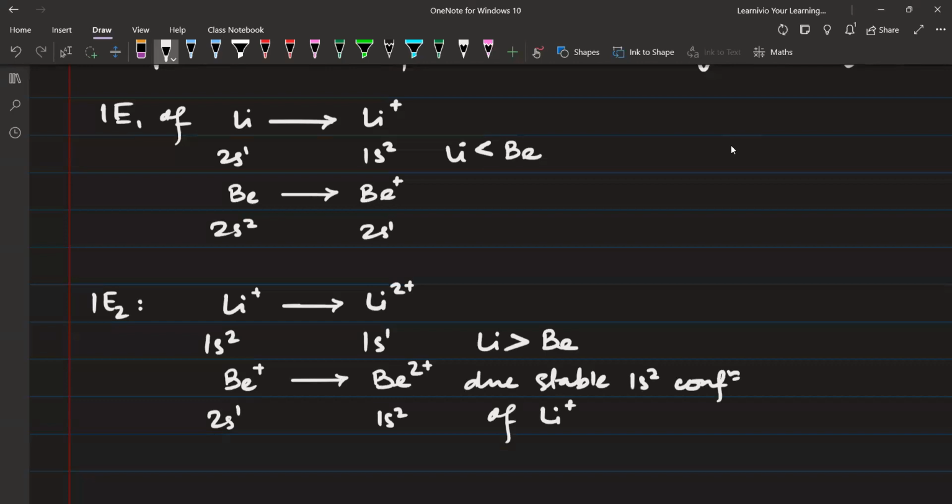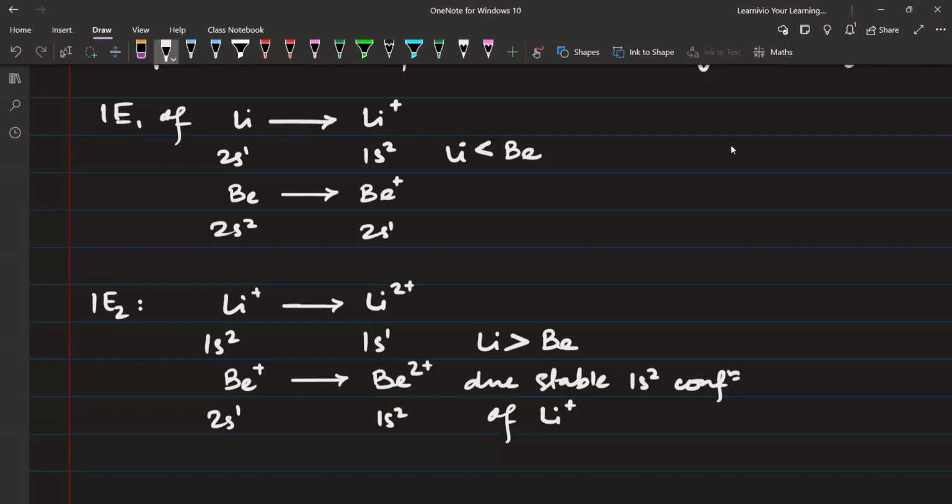Since lithium positive has a configuration of 1s2, which is very stable, a noble gas-like configuration, it will be very difficult to remove an electron from lithium positive. That is why the second ionization enthalpy of lithium is greater than the second ionization enthalpy of beryllium. But for the first ionization enthalpy, it follows the general trend that beryllium has a higher ionization enthalpy than lithium.